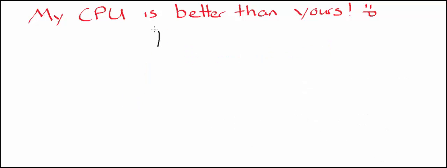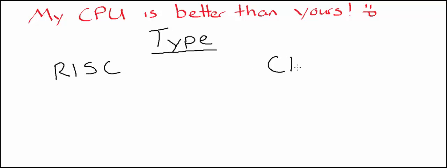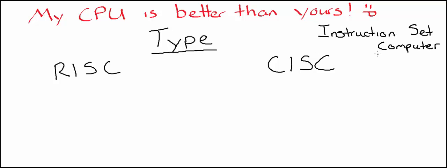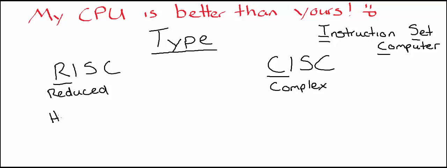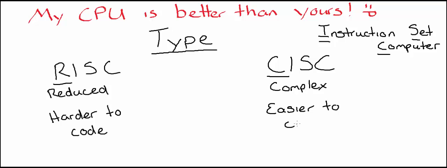And finally, the type of processor that you have also affects its performance. There are 2 types. There is RISC and CISC. RISC stands for Reduced Instruction Set Computer, and CISC stands for Complex Instruction Set Computer. With a reduced instruction set, it is harder for the programmers to code software that will run on that CPU.